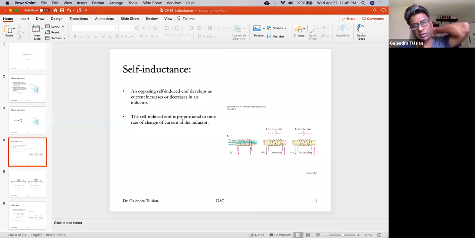The self-induced EMF is proportional to the time rate of change of the current in the inductor. What this is saying is, if you change the current faster, this EMF will be larger. So that's what that means.